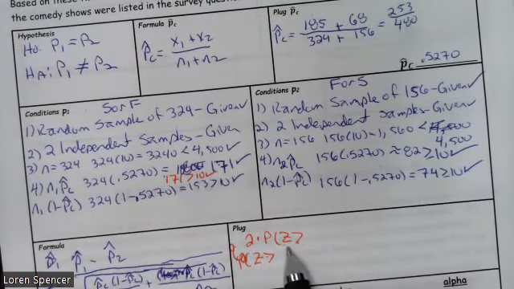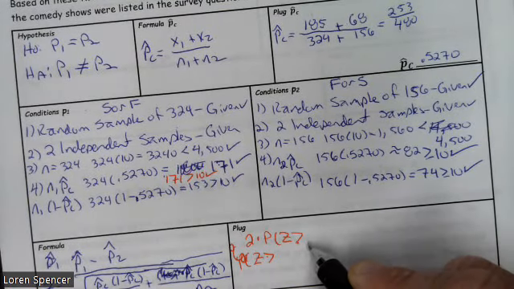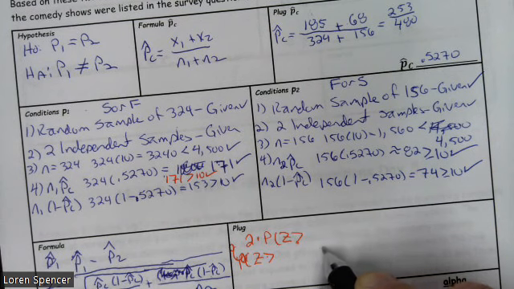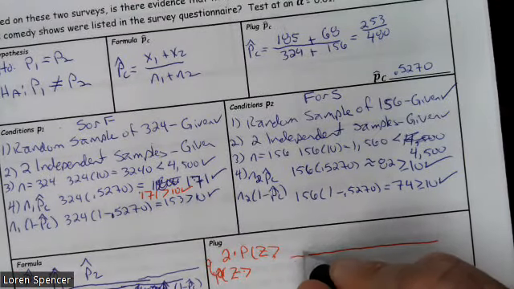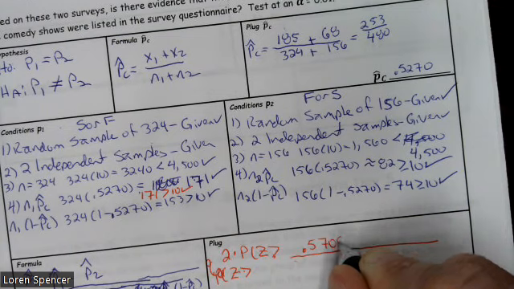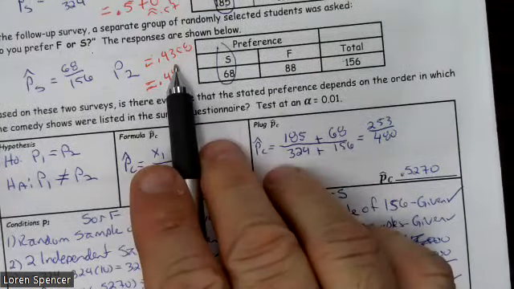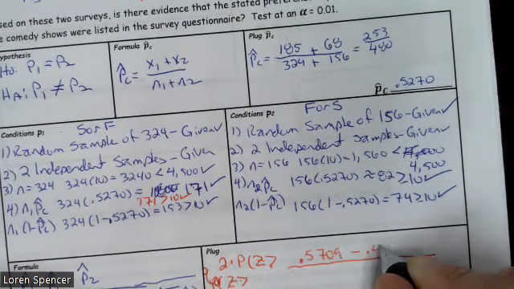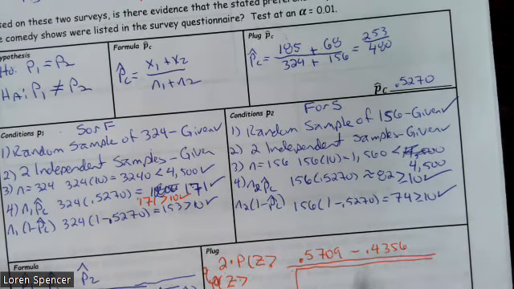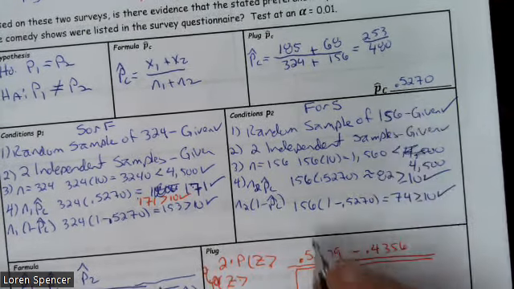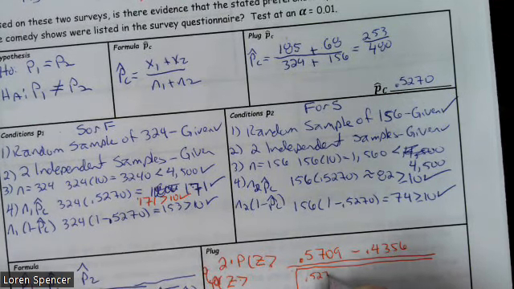But this is a not equal to, so we have to double it. 2 times the probability Z is greater than P hat 1, which was 0.5709, minus P hat 2, which we said was 0.4356, and then we have P hat C, which is 0.5270, and then 1 minus that over my sample size, which was 324.